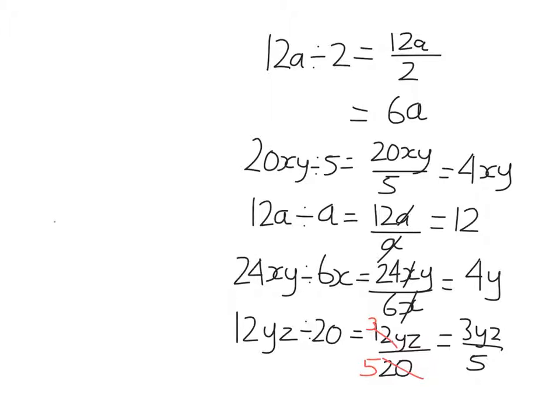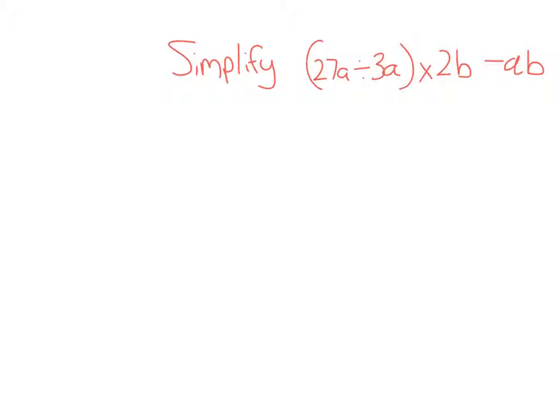So now to review operations with terms, we're just going to look at some examples where there are quite a few operations. Please pause and copy this down if you need. So basically, anything that works for numbers works for pronumerals too. So the order of operations is the same when you're dealing with pronumerals as if you were dealing with numbers.